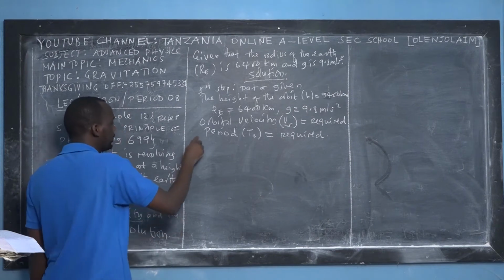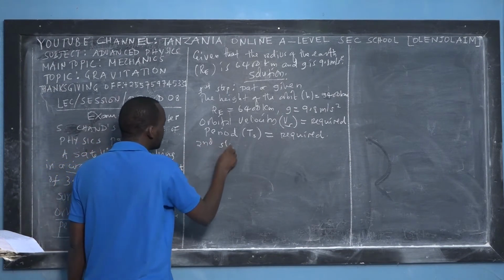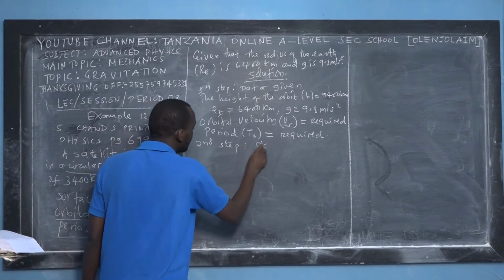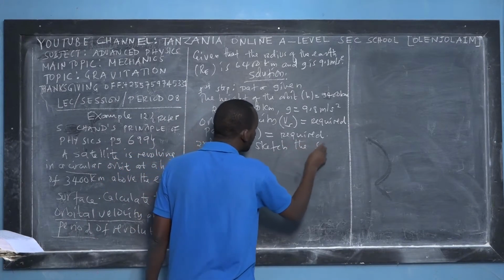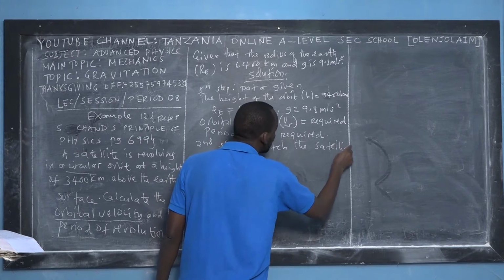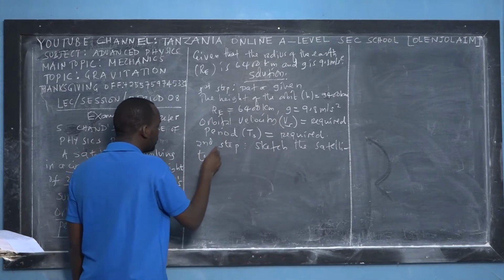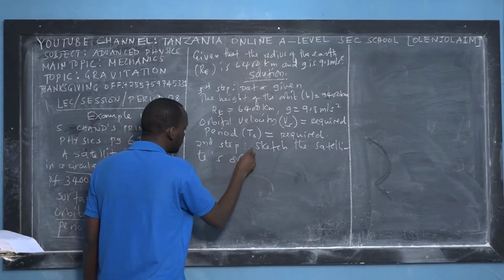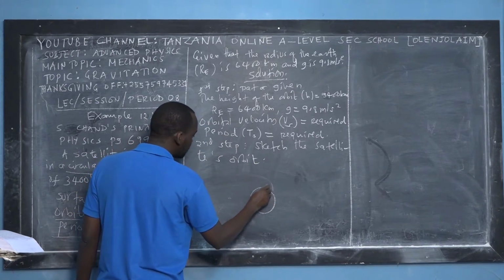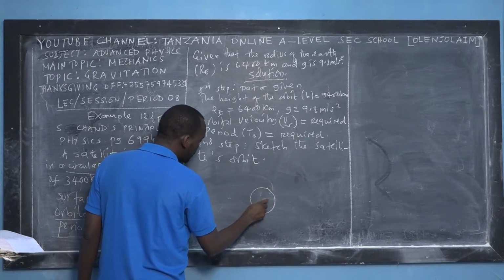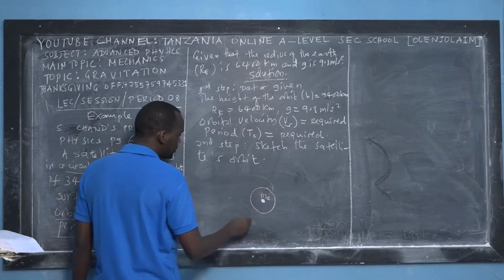The second step: sketch the satellite orbit. This is the Earth's surface, here is the center of the Earth, and this is the mass of the Earth.